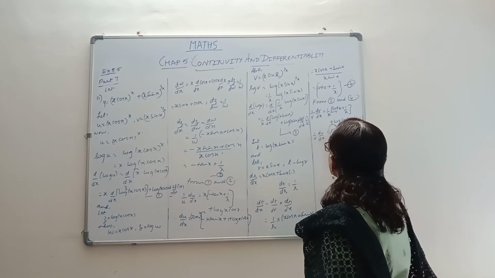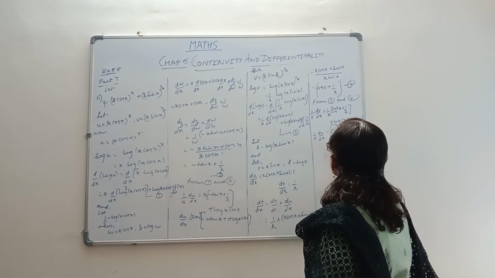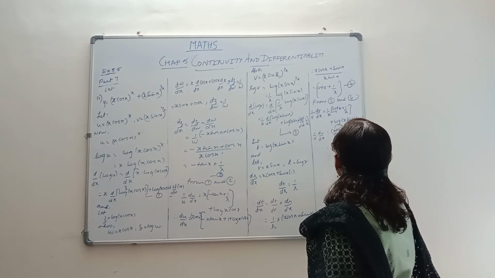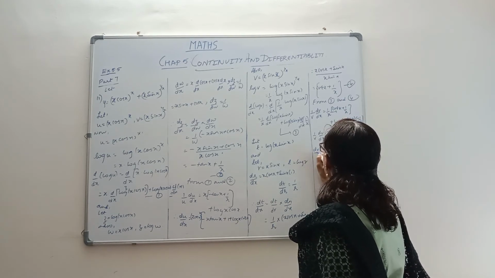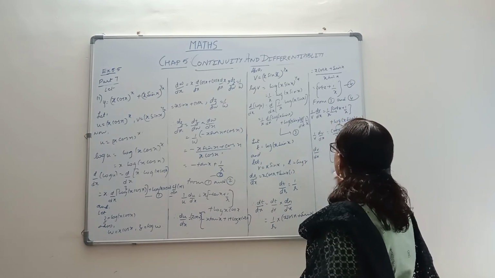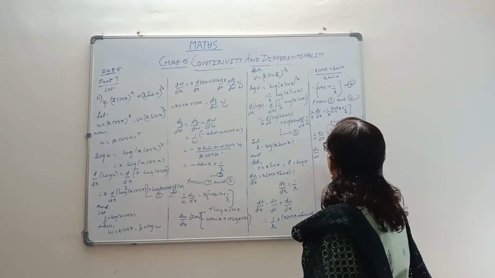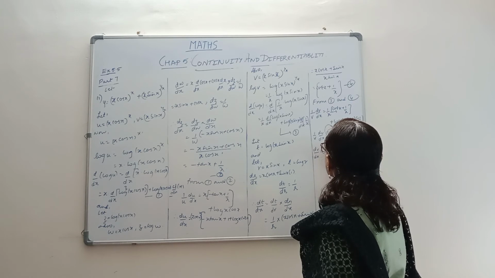If you multiply this also by an x, then we can have it common: x cot x plus 1 minus log x sin x whole by x squared. And dv by dx, therefore, let the v come there. v becomes x sin x raised to 1 by x.